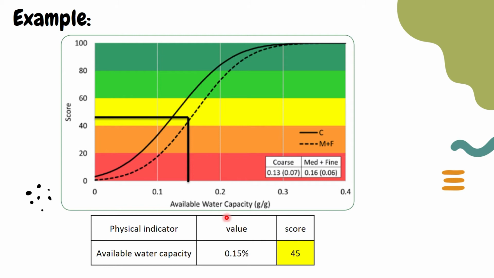The value is 0.15, which is between 0.1 and 0.2. So we draw a line from the x-axis until we get to the medium fine texture, and another line from the y-axis until we get to the same point on the medium fine texture. The score will be 45 with yellow color.